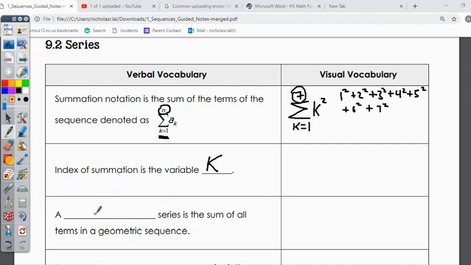So this is the term in the sequence that you start at.